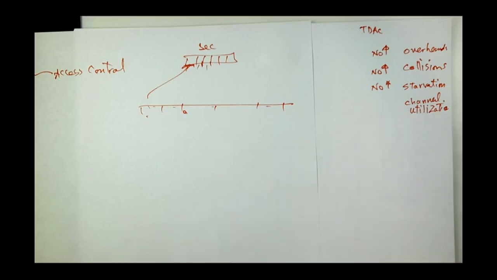Everybody has their time sliced to transmit. Most computer communication doesn't really utilize all the time allocated to it. So if we have 10 users and only one user has lots of data to transmit and the others don't have any data to transmit.